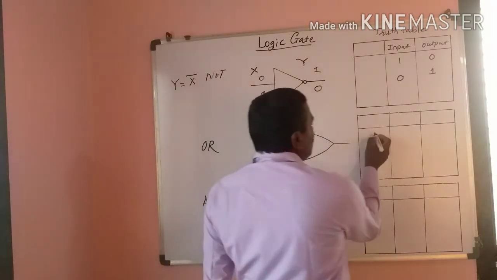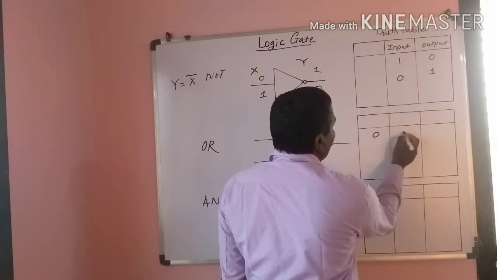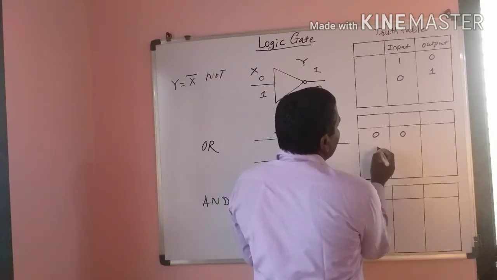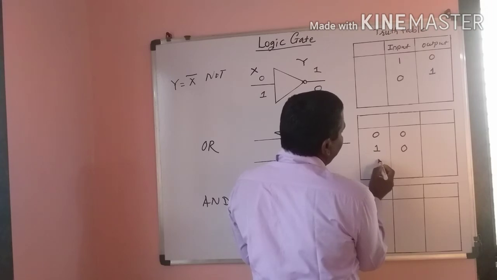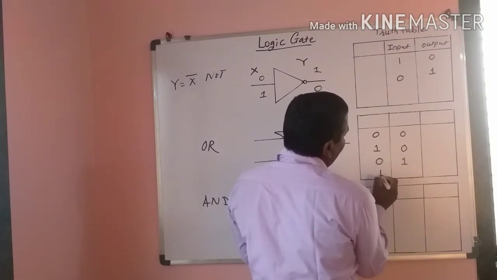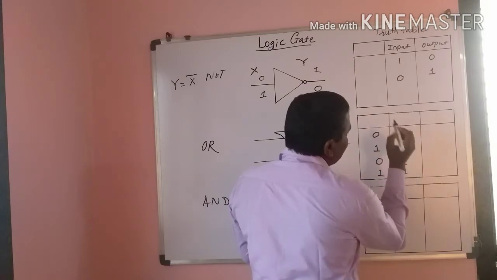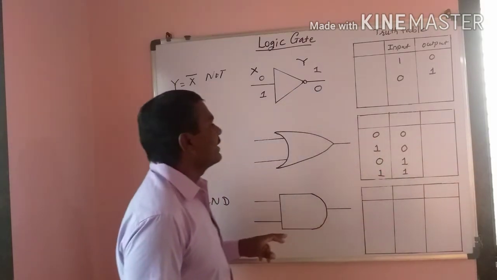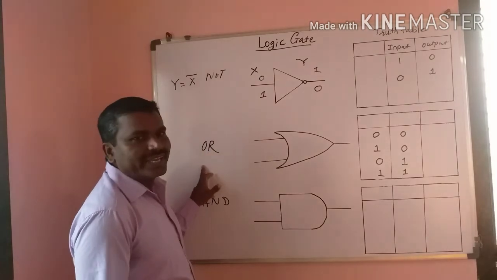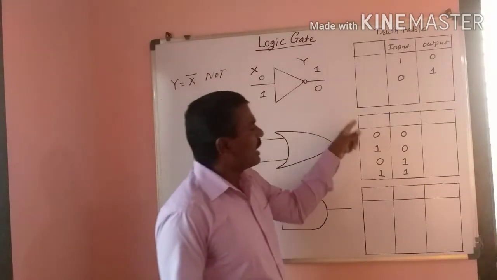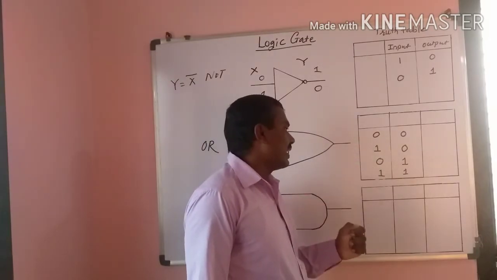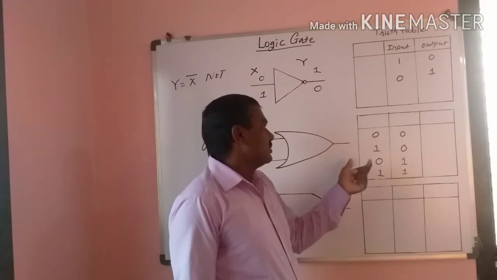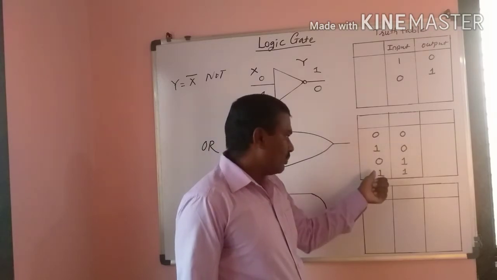Suppose both inputs are low; one input is high and the second is low; the second is high and the first is low; or both are high.